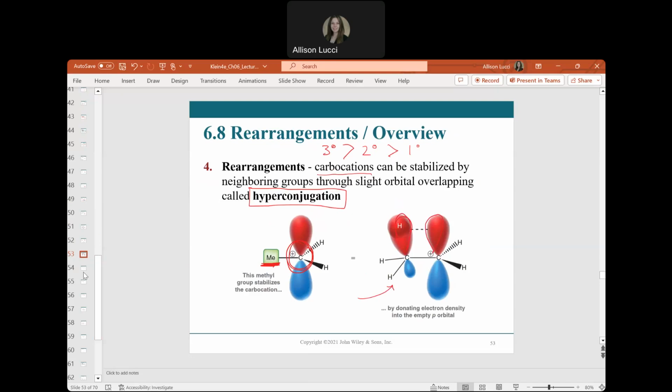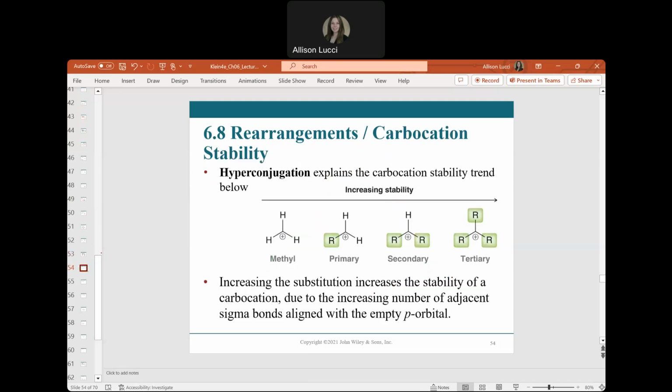And again, if there is a possibility of moving either a hydrogen or a methyl group, we can create a more stable carbocation. So here's that general trend in increasing stability. Methyl is the least stable carbocation here, up to our tertiary.